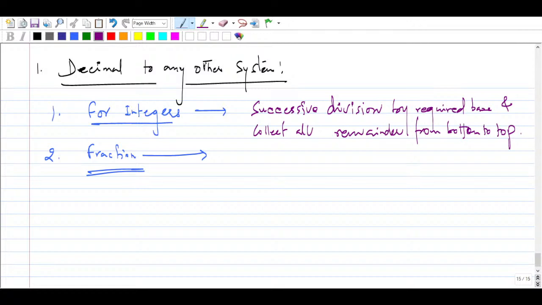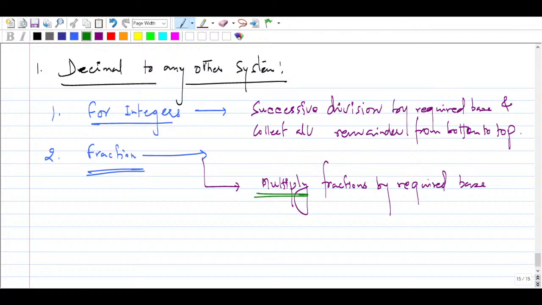And in case of a fraction, you have to multiply the fraction by the required base. You don't have to divide here. Multiply the fraction by the required base, and then collect all the integers, not the remainder, remember, because you will not get a remainder here since you are performing multiplication.